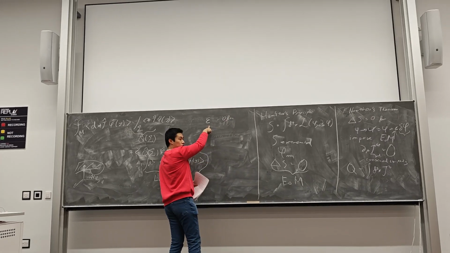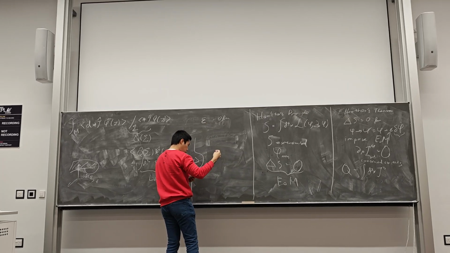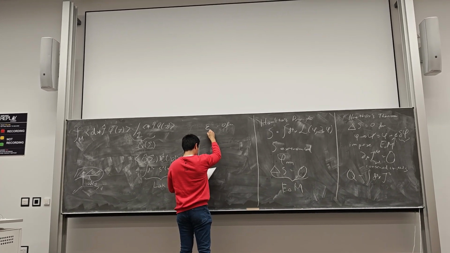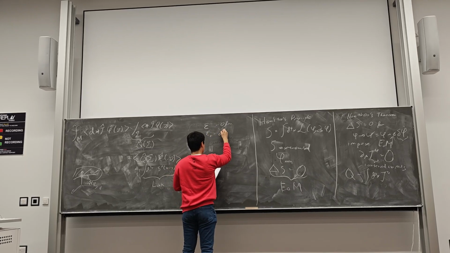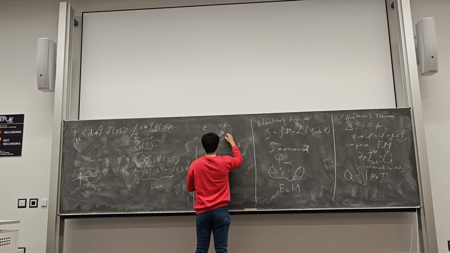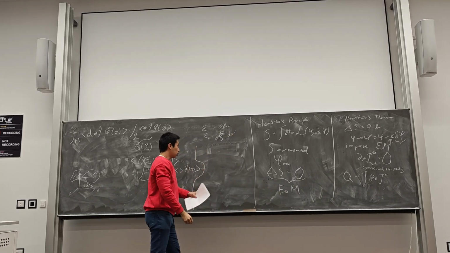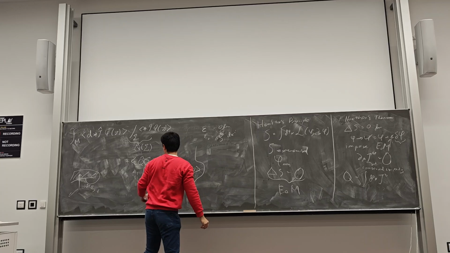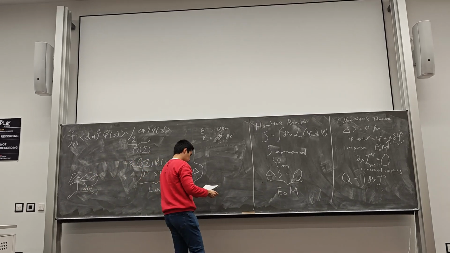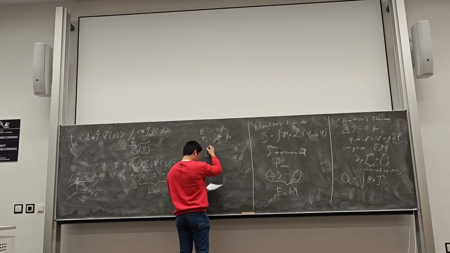And we can extend this constant to a 1 form, and so this becomes... Now when this is a 1 form, the dimension of this object will reduce by 1.